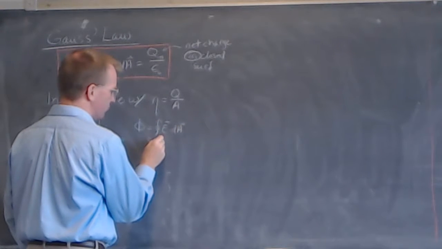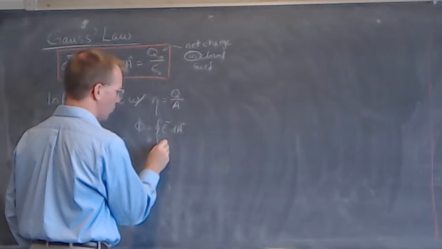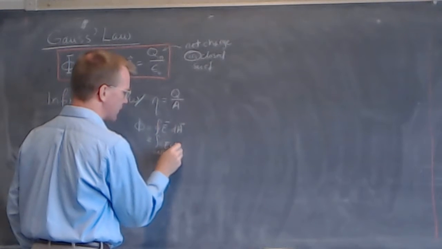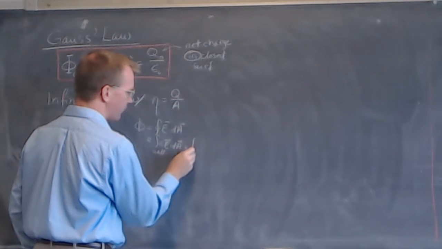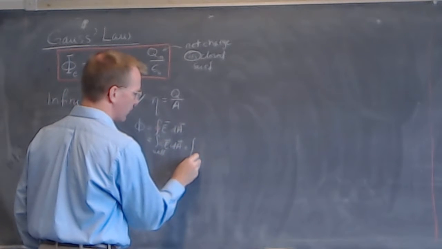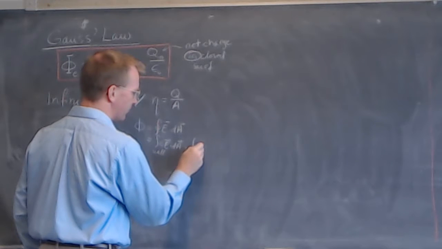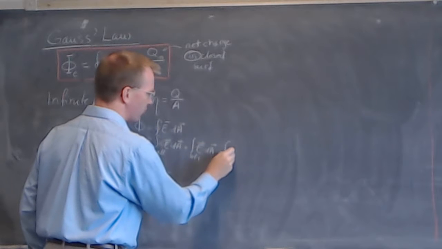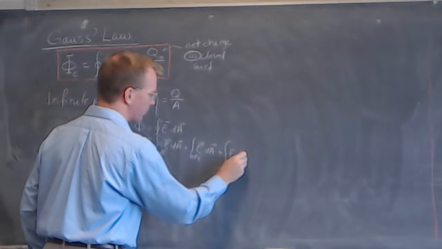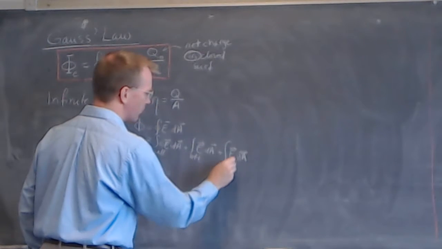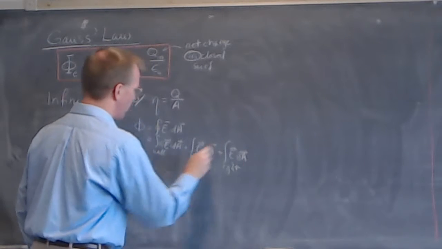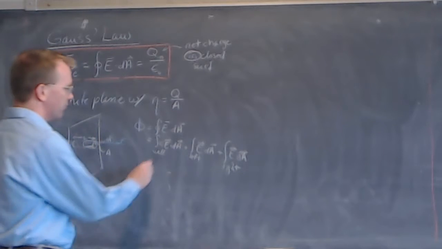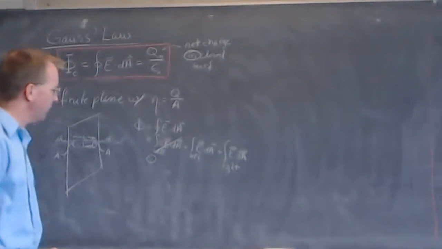We break that into the integral over the wall, E dot dA, plus the integral over the left cap, E dot dA, plus the integral over the right cap. Now in this case, the field lines are parallel to the wall, so there's no flux through the wall.